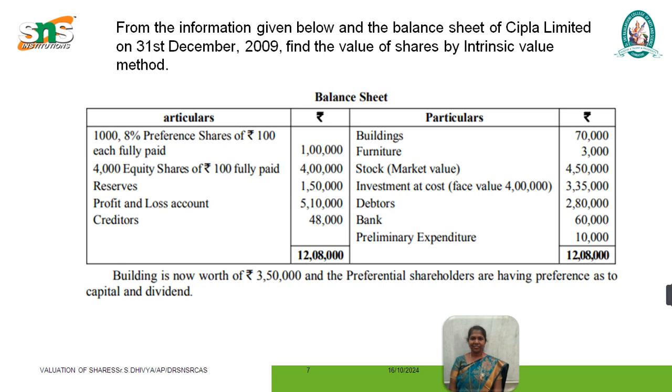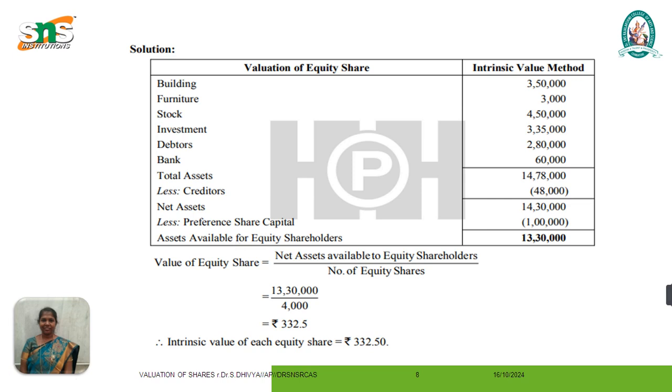From the information given below, the balance sheet of Ciplam Limited on 31st December, this is the question. So the solution is net assets available to the equity shareholders divided by the number of equity shares.